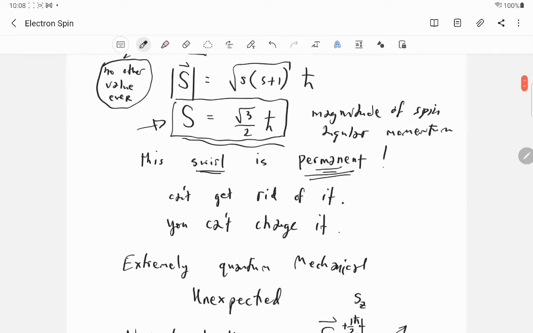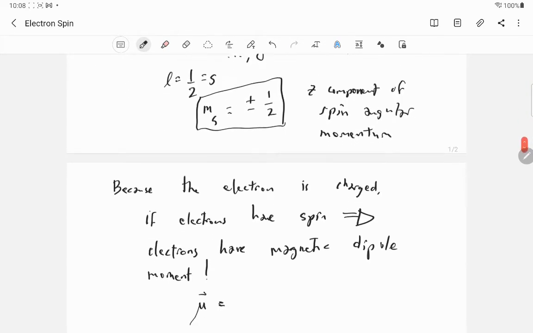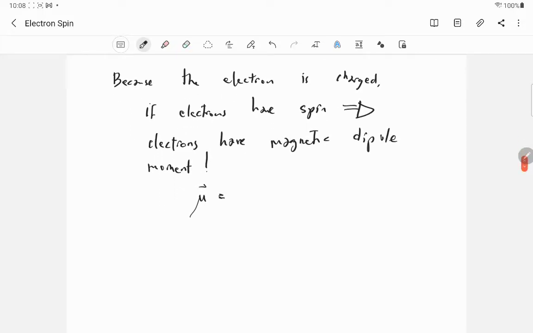Although I'm not telling you why, you can go read about why. It's the electron charge divided by the mass of the electron, and you multiply by the angular momentum vector.